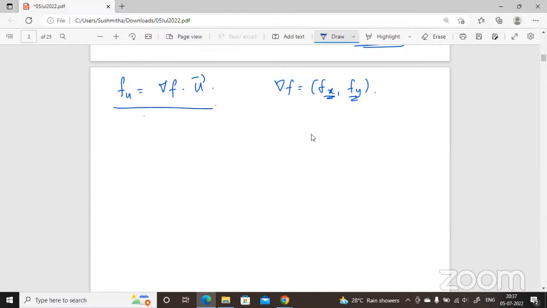So there was an example where sir had that cautionary example. Yes, ma'am. That example I have not understood. So what does the theorem say? If del f exists and is continuous, then the directional derivative exists.